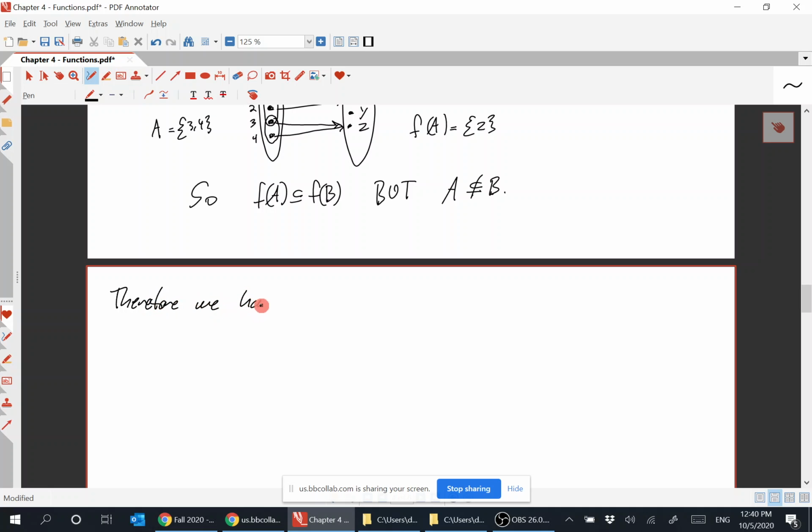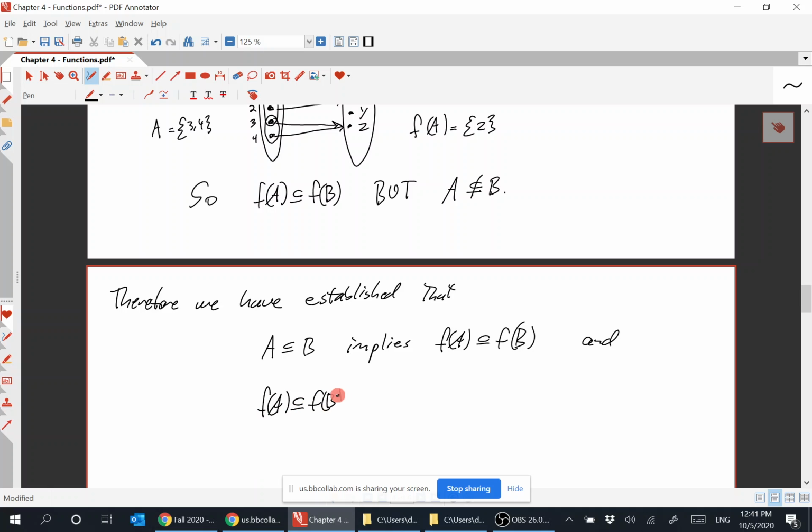Therefore, we have established that A subset B implies f of A is a subset of f of B, and f of A subset of f of B does not imply A is a subset of B. Does not necessarily imply, something of that flavor.